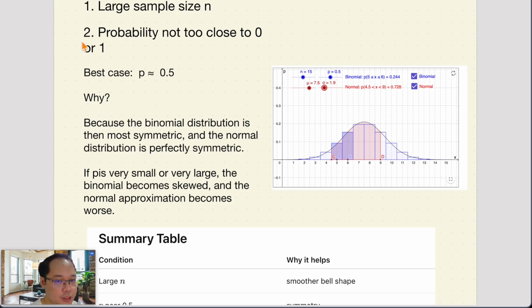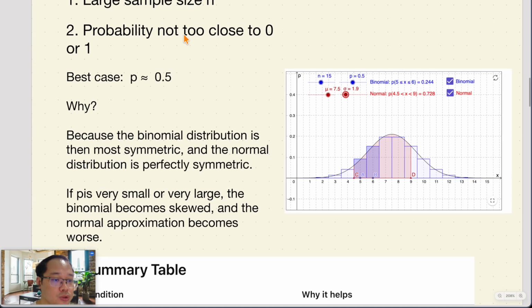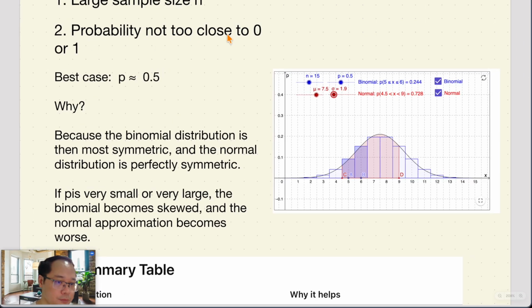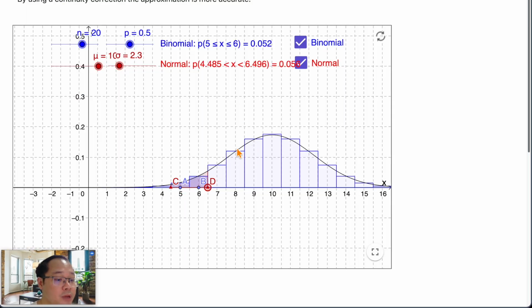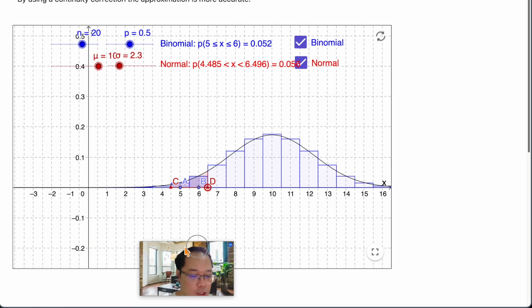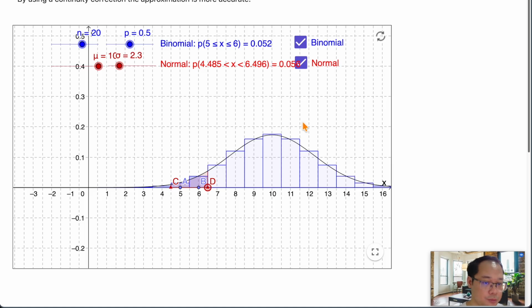The second condition, the probability of the binomial distribution is not too close to 0 or 1. And the best case is the probability of success in the binomial distribution is 0.5. Because the normal distribution is symmetrical, we have a bell curve. So when the probability is 0.5, the distribution of these columns is also symmetrical.